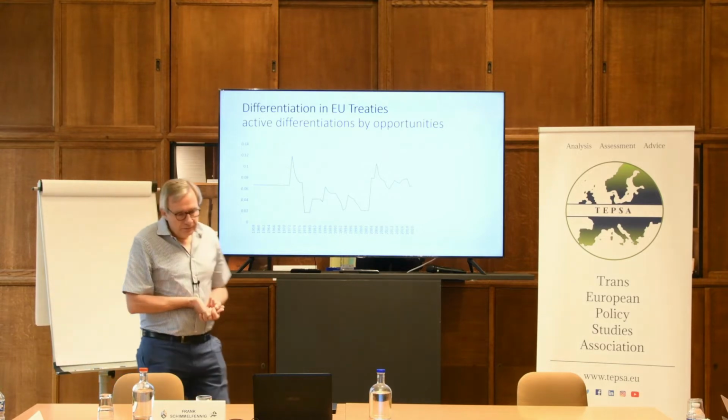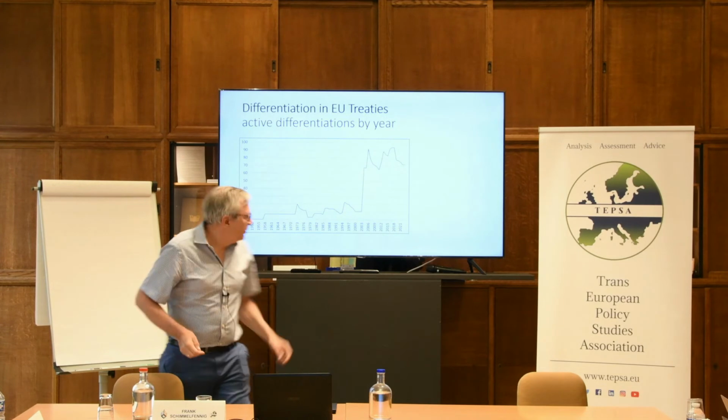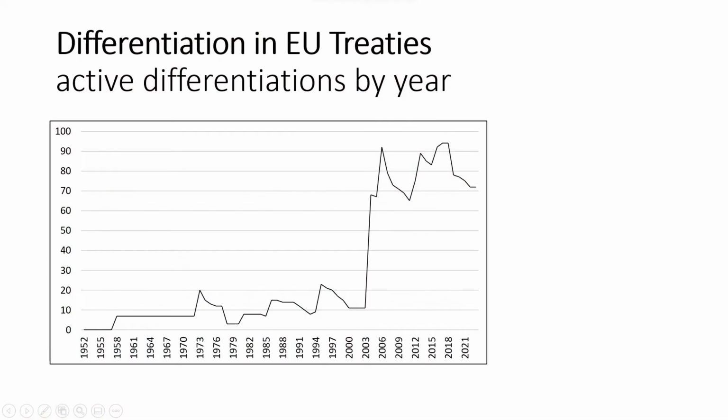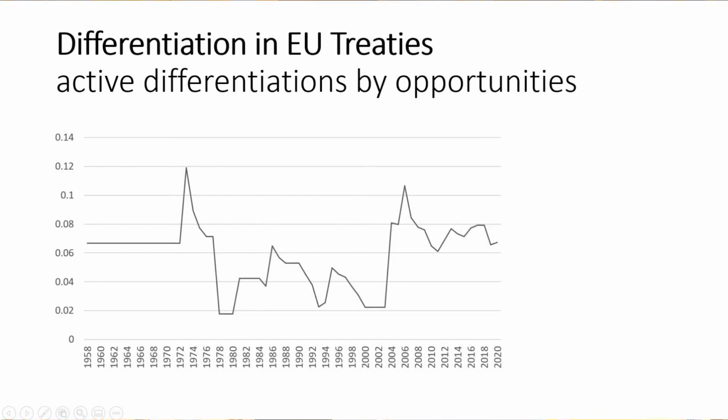It's just that since there were only 6 member states and a narrow range of policies, there weren't as many opportunities to differentiate, and that explains the low absolute number. But relatively speaking, the European Union started already as a pretty differentiated union.